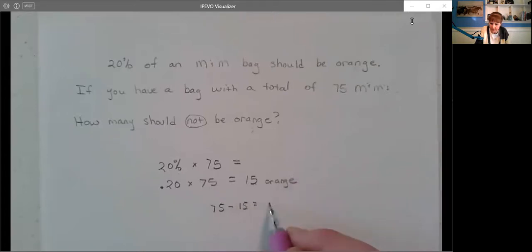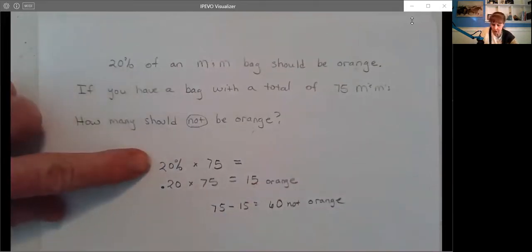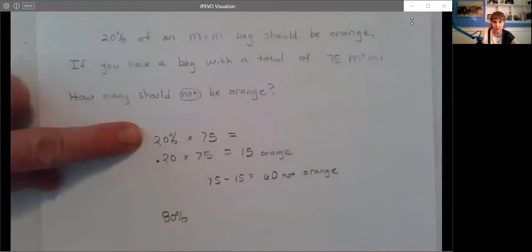So you're going to come up with 60. 60 are not orange. They're the other colors, the blue, the red, yellow. All right. Or instead of doing it this way, finding out how many orange and then subtracting them, because you wanted not orange, if 20% are orange, 80% are not orange.